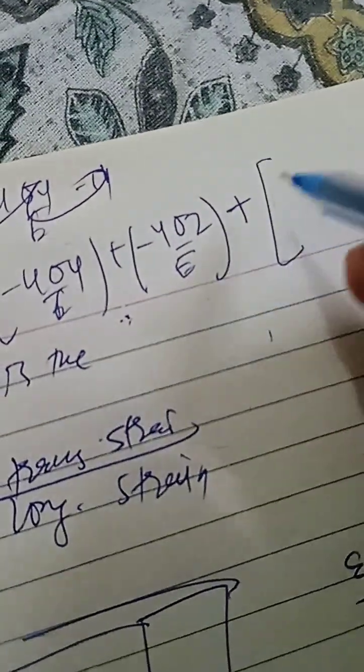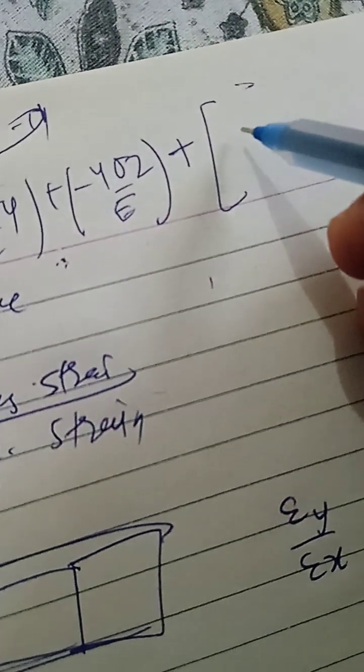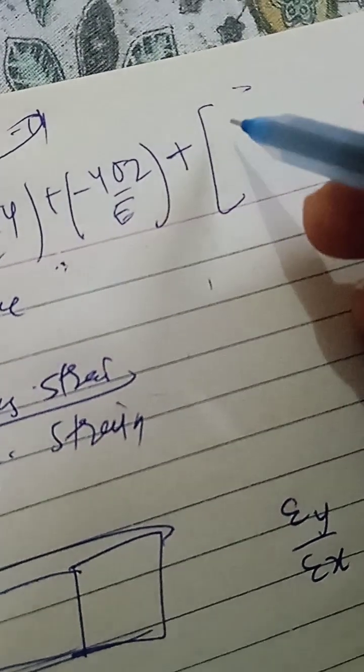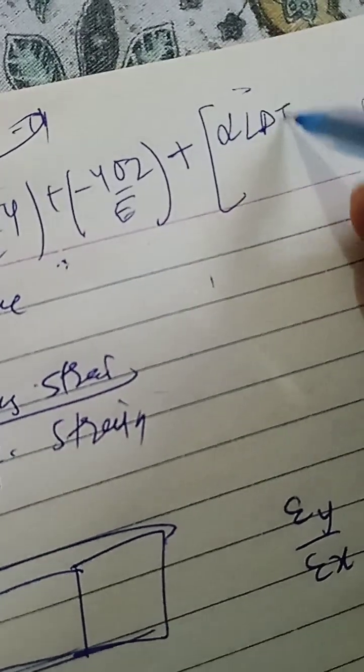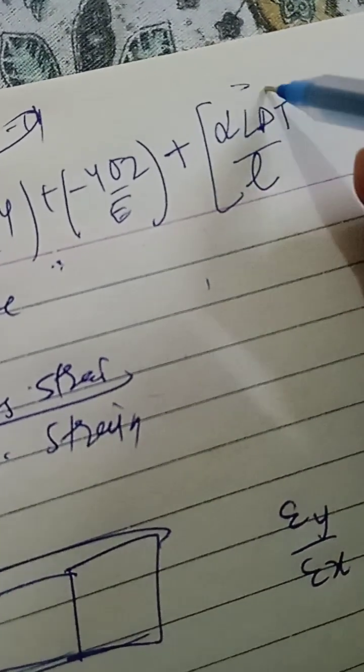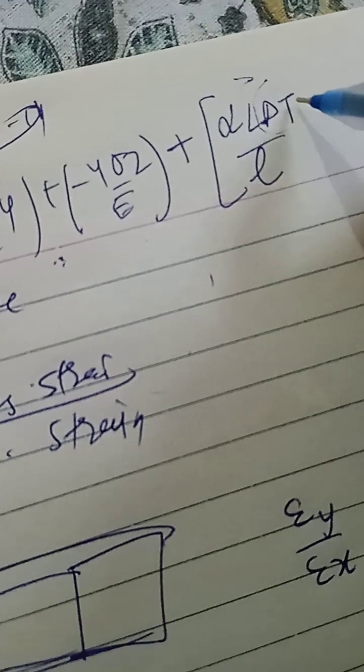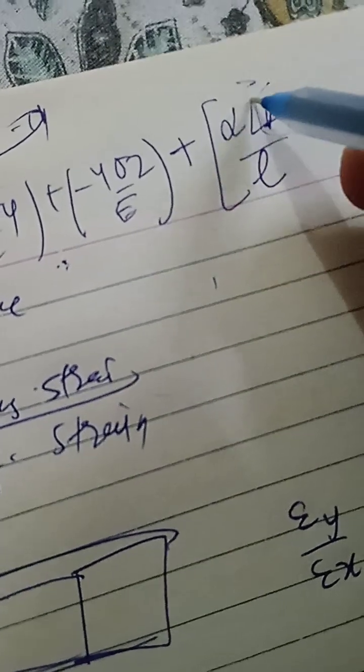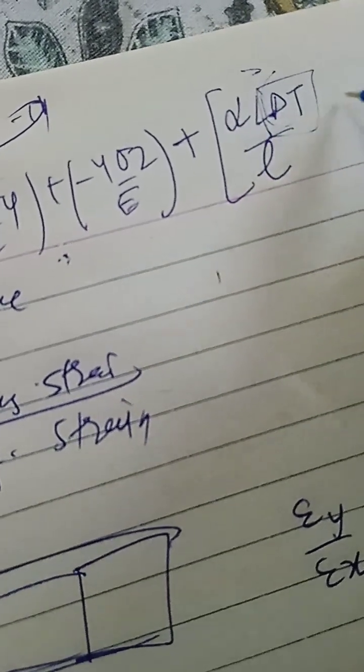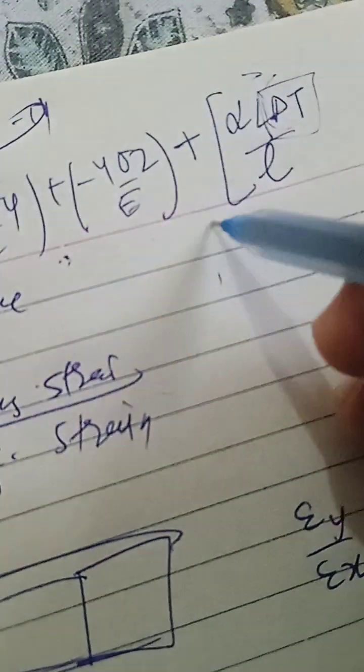This is due to the mechanical effect, and plus, in x direction there is a thermal stress which will cause thermal strain, whose value is this. If the temperature is decreasing, T final minus T initial will give a negative value, so overall it will become negative automatically.